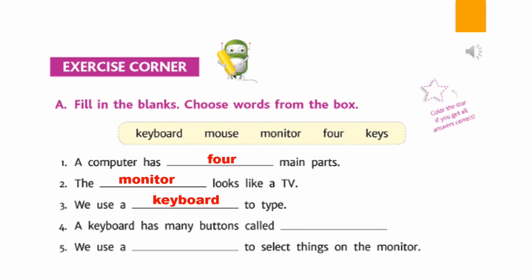So a keyboard has many buttons called keys. And the last question here is, we use a dash to select things on the monitor. So we use a mouse to select things on the monitor. I hope all of you got that correct.